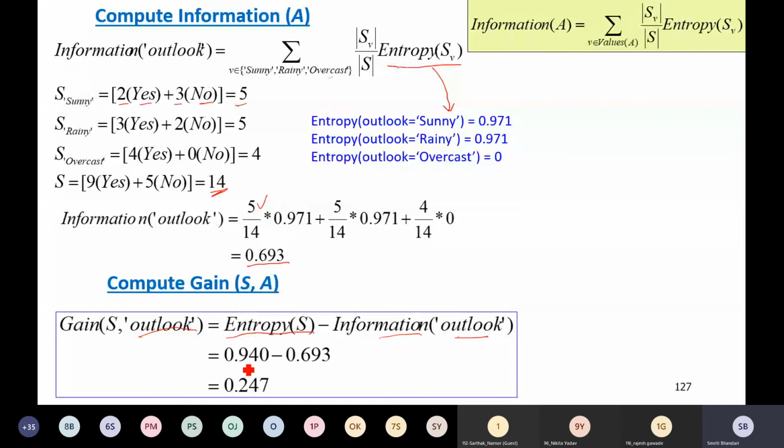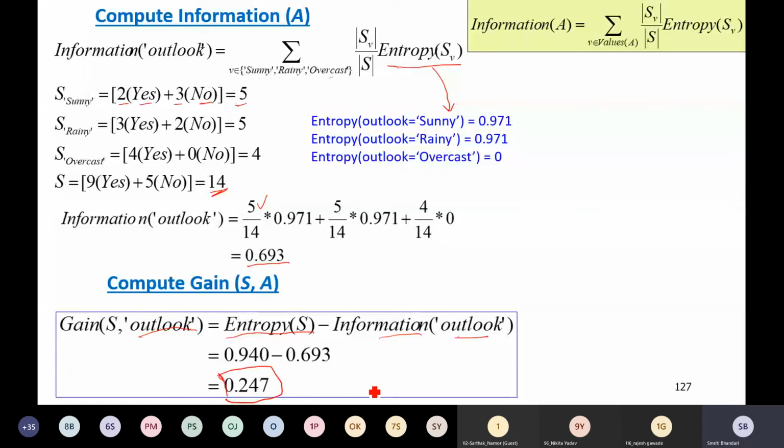Entropy S that we computed earlier is 0.940, minus this information of outlook that we computed, 0.693, and this is how the gain for attribute outlook comes out to be 0.247. Gain for outlook comes out to be 0.247, right? So this is how we have obtained the gain for attribute outlook.